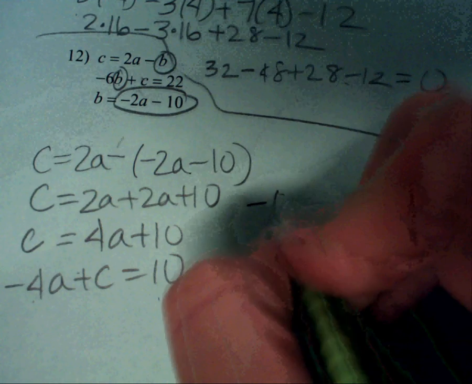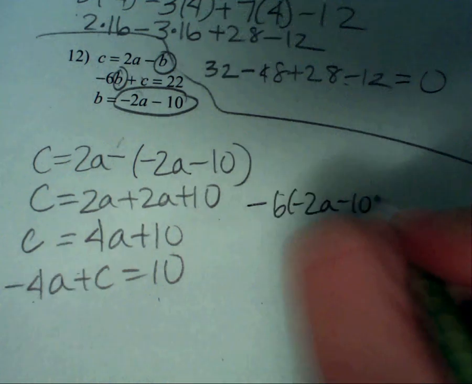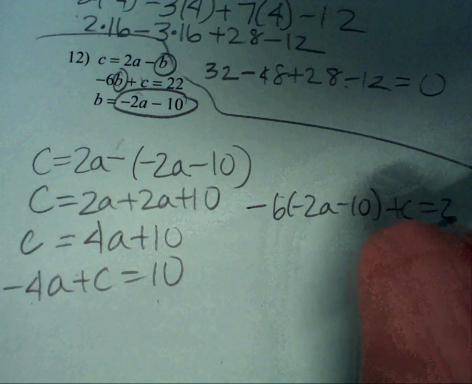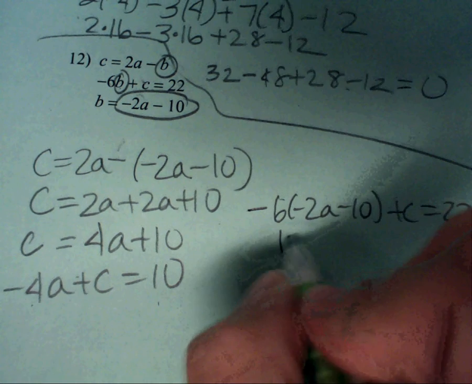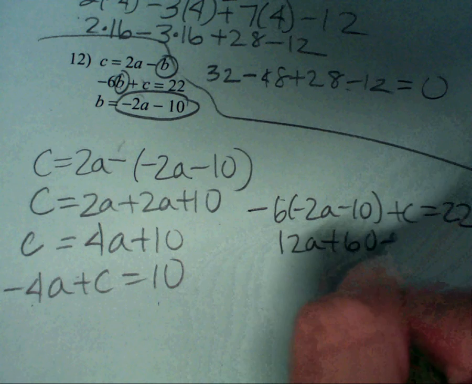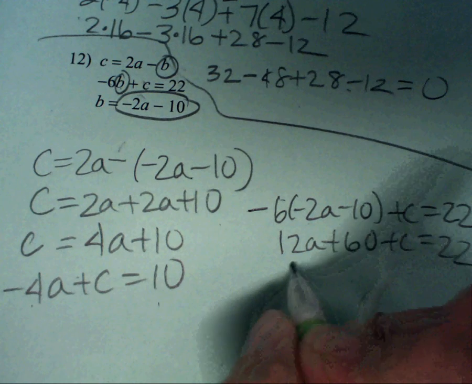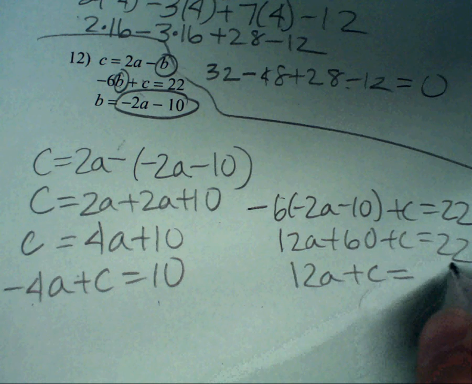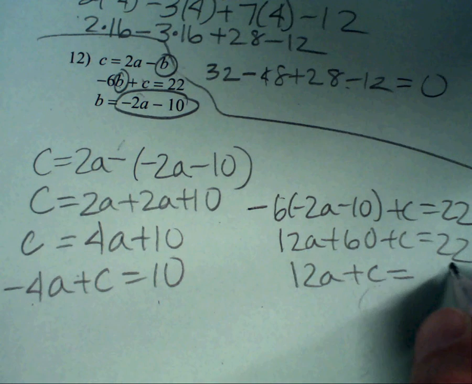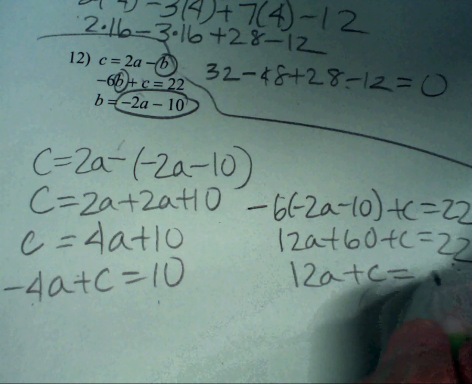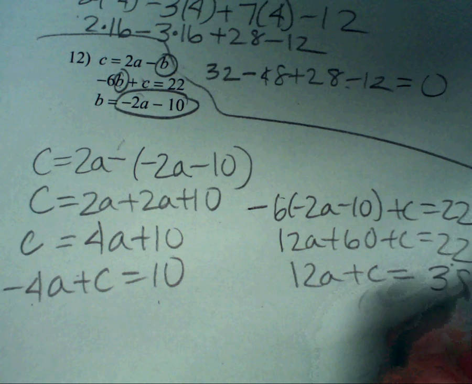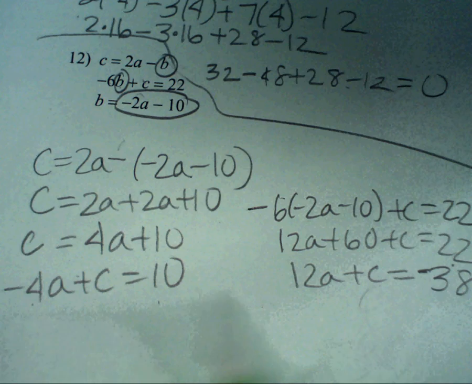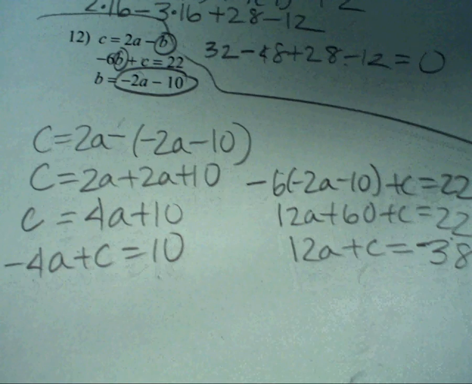So negative 6 times negative 2a minus 10 plus c equals 22. So 12a plus 60 plus c equals 22. 12a plus c equals, and I subtract 60 over because I want to get this ready for elimination. So I subtract 60 over and I get negative 38.